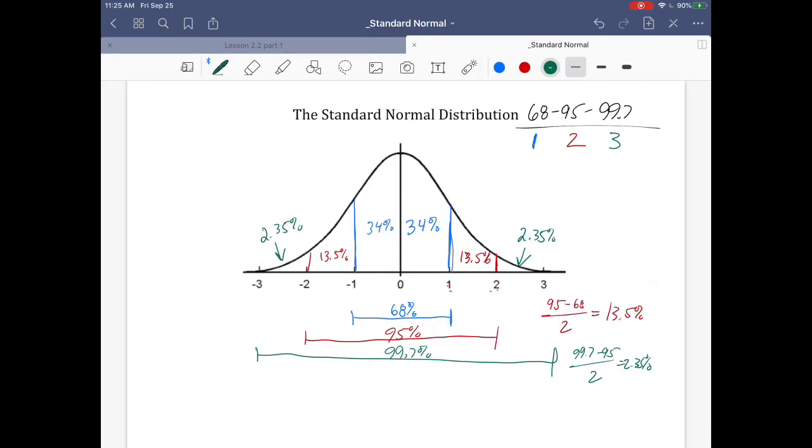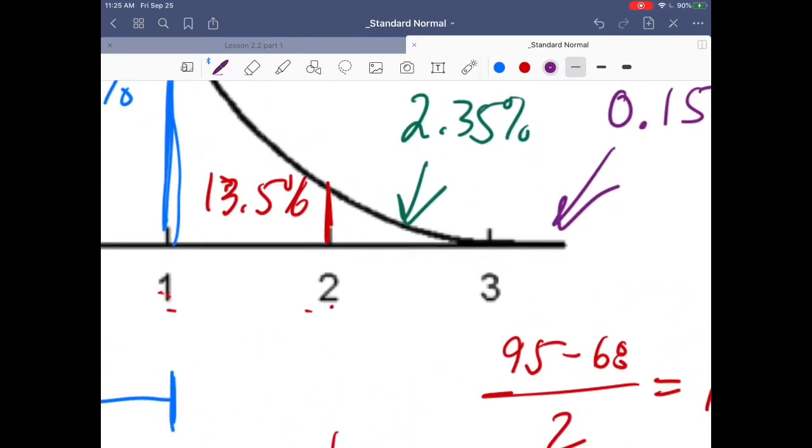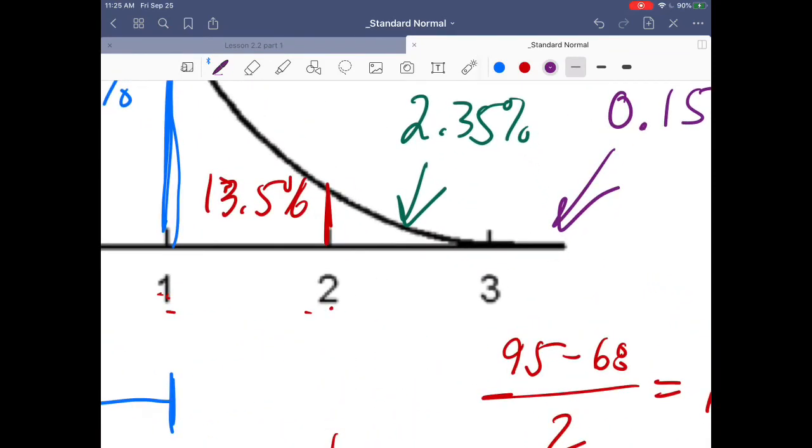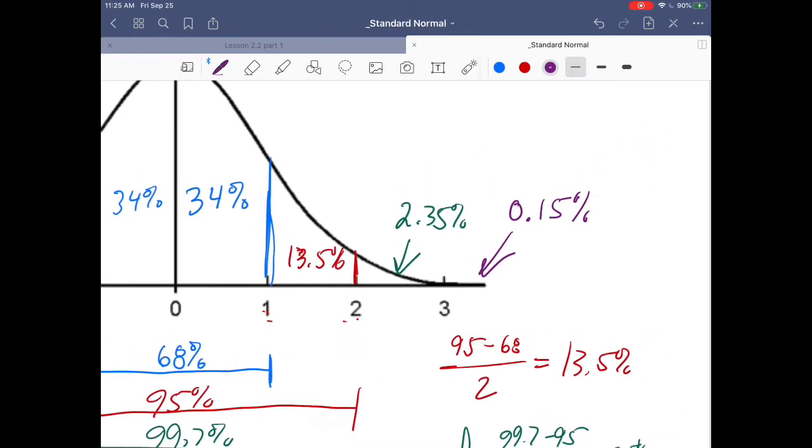And finally, how much falls outside of 3 standard deviations? Well, what's left over? 0.15%. 0.15% up there, and 0.15% down here. Now, it might look like 0 because it looks like the curve touches the line, but just be careful. This curve doesn't quite touch the line.